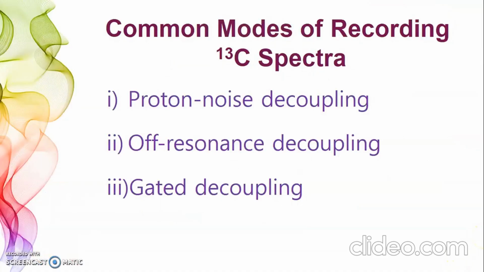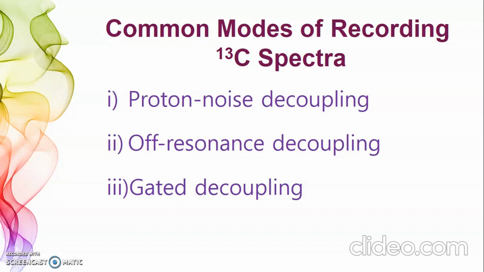Next, we see the common modes of spectrometer operation, which provide different kinds of carbon-13 NMR spectra containing different structural information. These are proton noise decoupling, off-resonance decoupling, and gated decoupling. First, the proton noise decoupling.